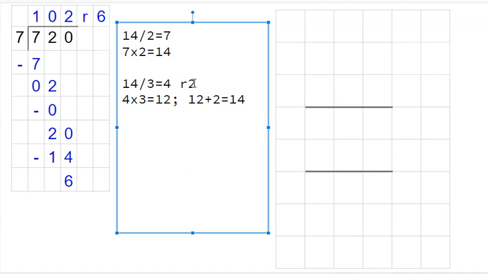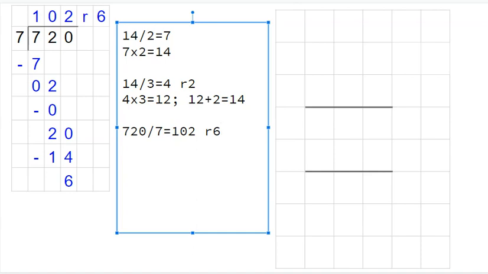So when you're checking your work with division and there's a remainder, you multiply your whole number answer, and then you add your remainder. The same thing should work for our original problem, which was 720 divided by 7. We came up with the quotient of 102 with a remainder of 6.